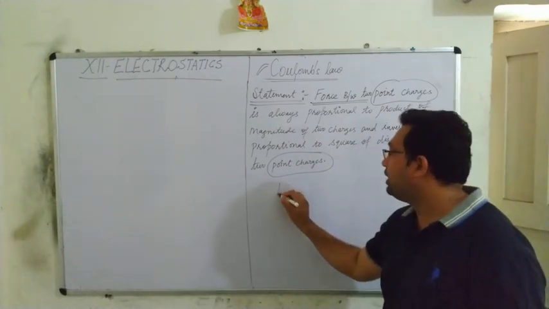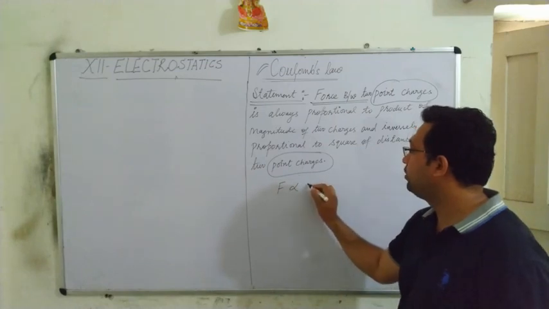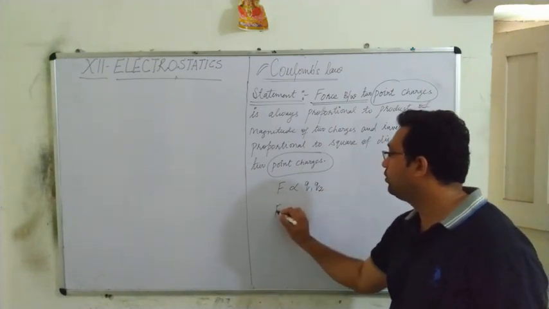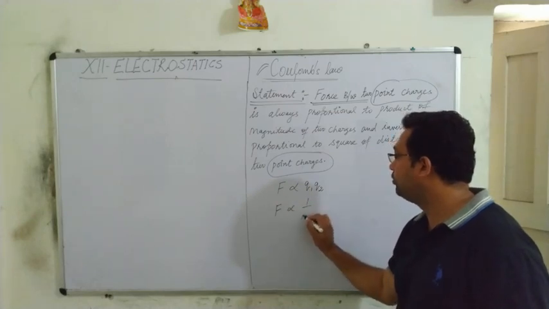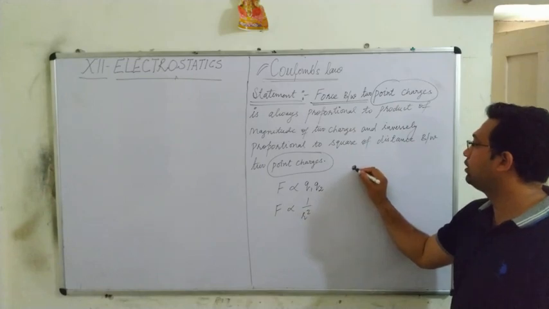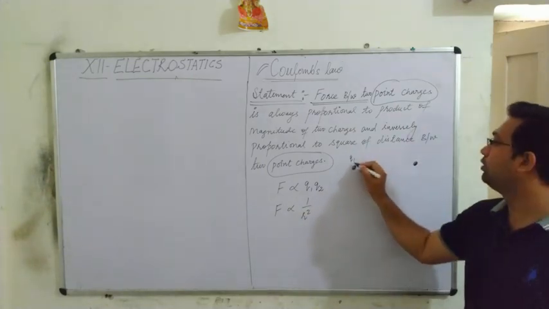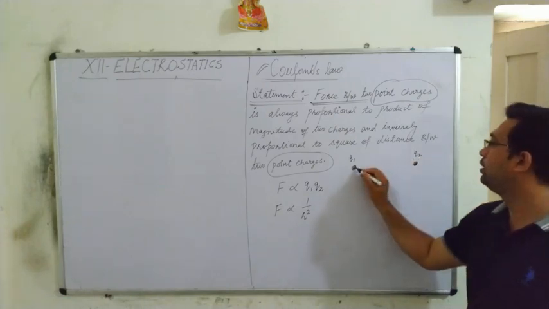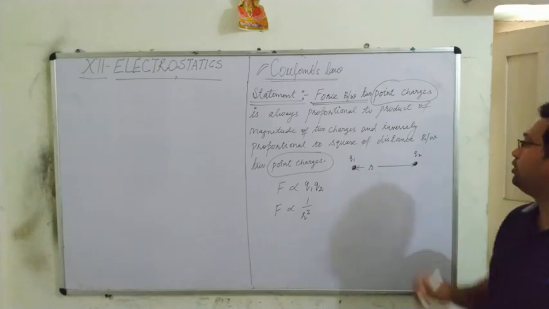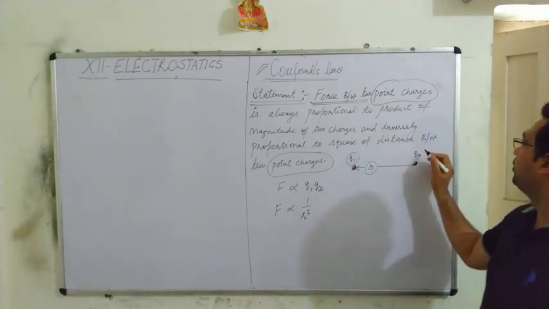Now, mathematically we can write down this statement: force proportional to Q1 Q2, force proportional to 1 upon r square. We can take 2 point charges Q1 and Q2. Separation between 2 point charges is r.